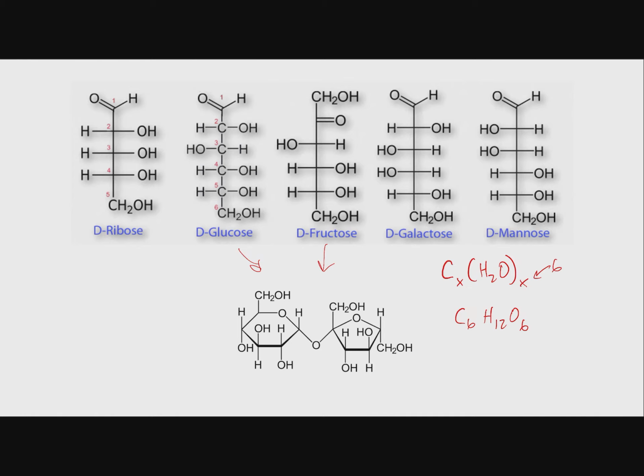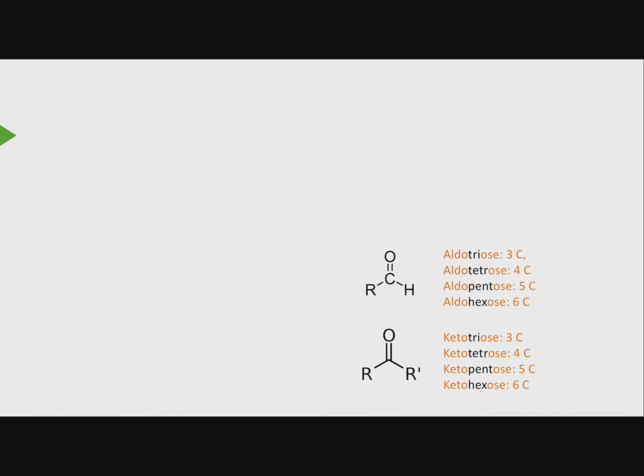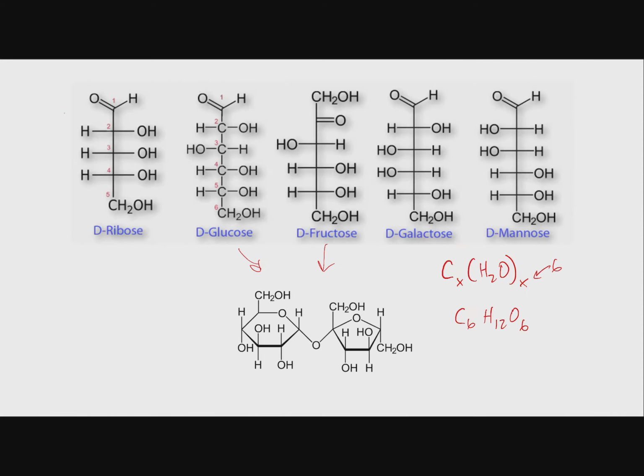Okay, so we're going to start talking about monosaccharides first, and the most common of these include glucose, but also fructose, galactose, ribose, mannose, and actually I probably should have stayed on this slide because those are them.